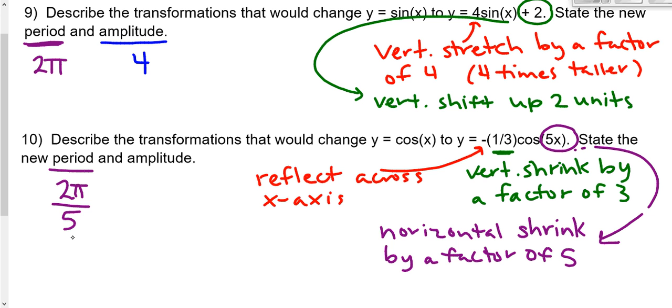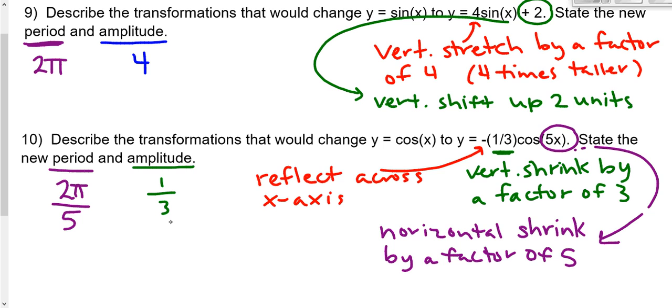And how about the amplitude? Because of the vertical shrink, now the graph is only going up a third as high as it used to. So instead of having an amplitude of 1 from the center to the top, it's going to have an amplitude of 1/3 from the center to the top. You don't pay attention to the negative sign when you're figuring out the amplitude. You just want the absolute value of the number in the front of the equation.